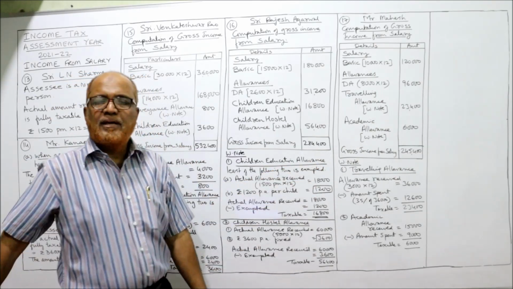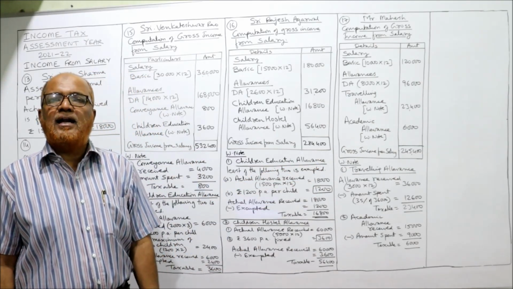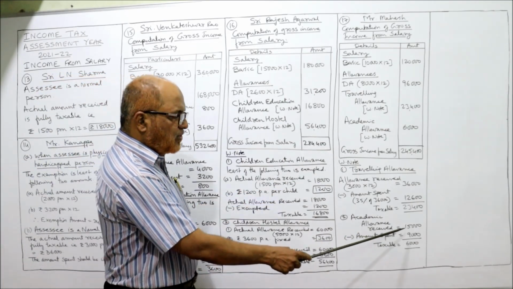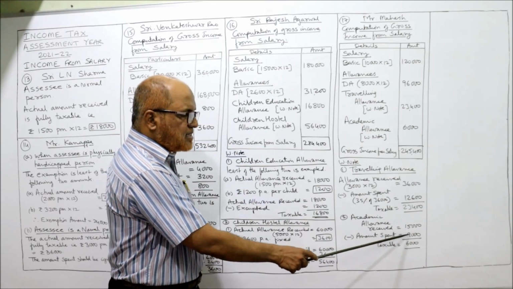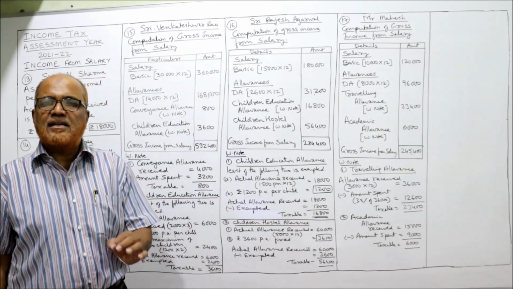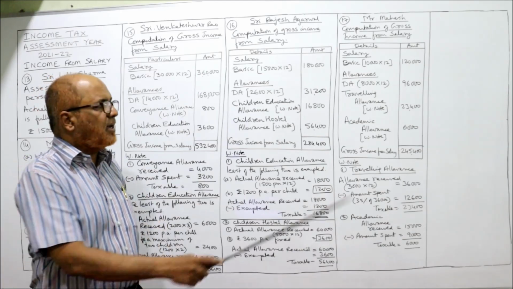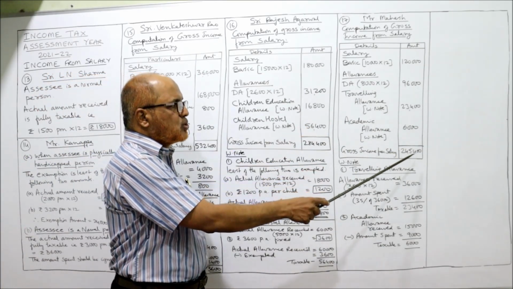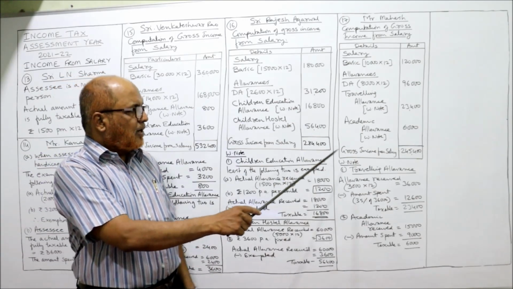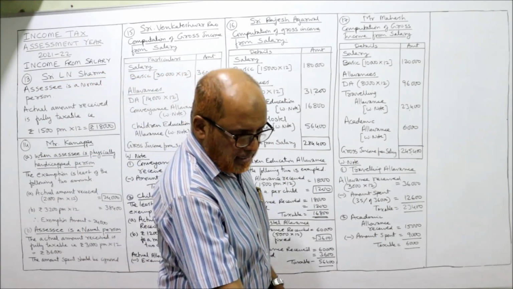The same rule we apply for academic allowance. Academic allowance received is 15,000, amount spent is 9,000. So 15 minus 9, 6,000 rupees is the taxable academic allowance. Take the total of these four amounts, 2,45,400. That is the gross income from salary.